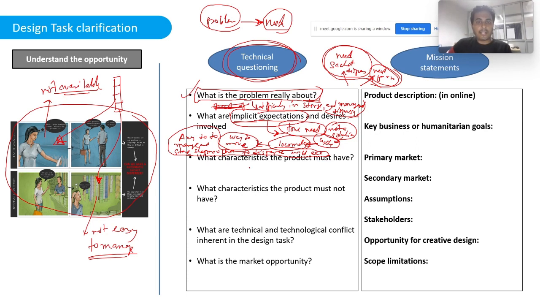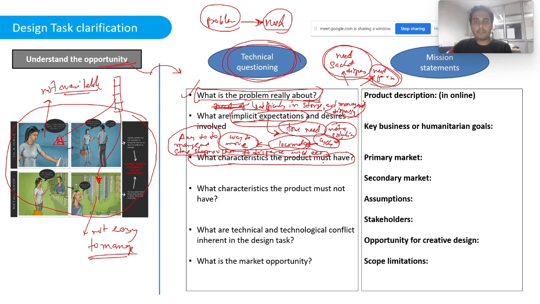So next is what characteristics the product must have. All these are questions that a designer asks himself or the team and tries to get an answer to, to have a product or solution which is competitive with the rest of the market products. This phase happens soon after your opportunity analysis phase.